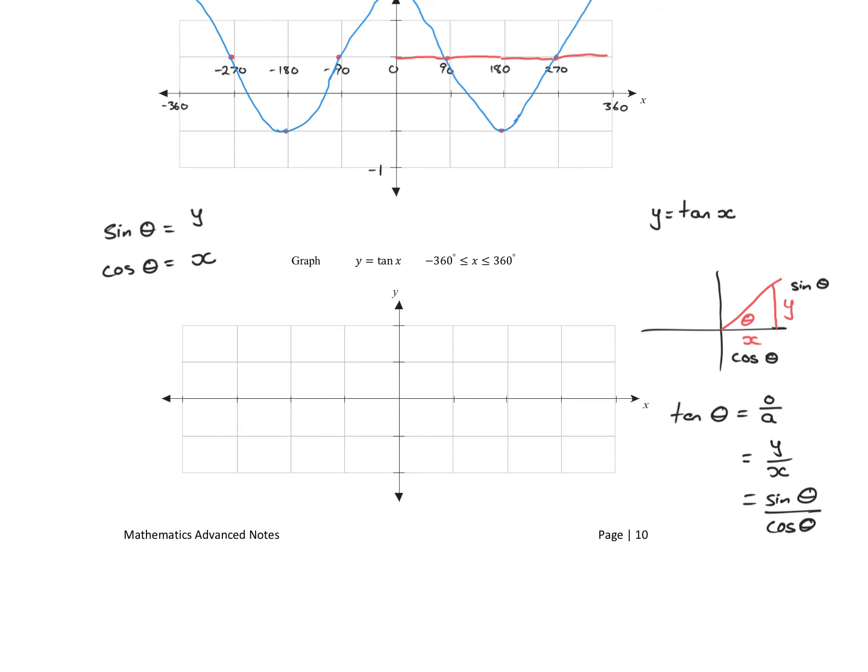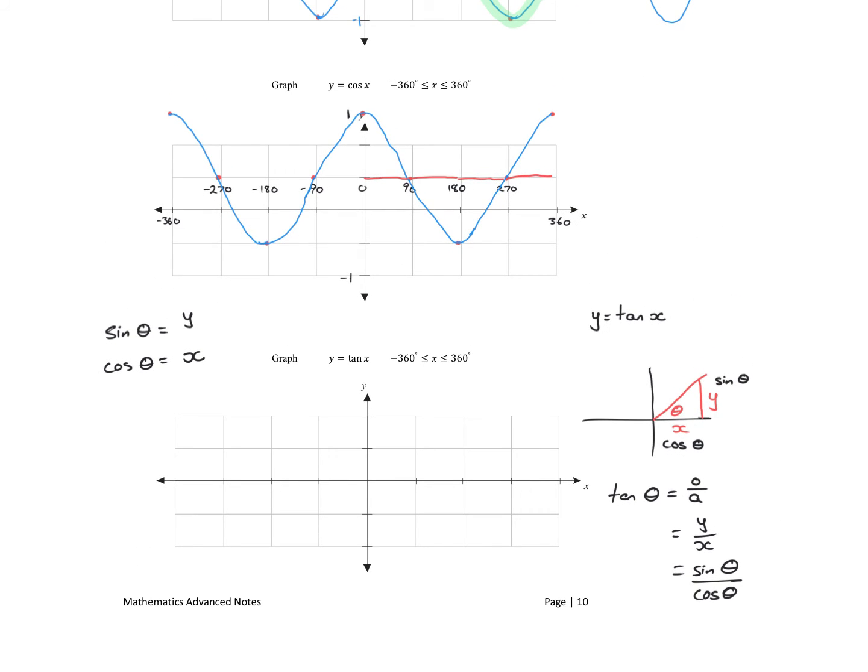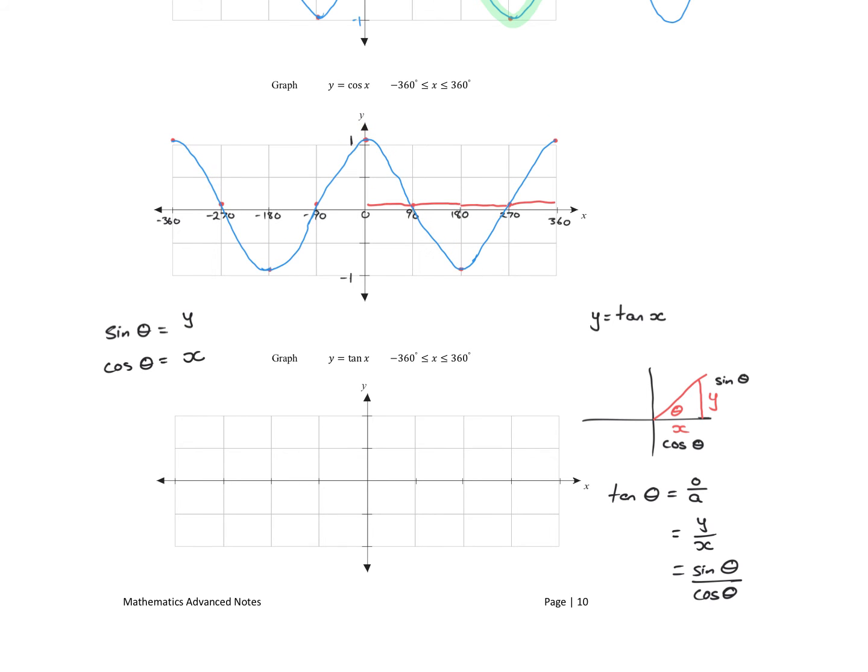Zero. So anywhere that cos theta is equal to 0, we're going to have an asymptote. Thinking about our cos graph above, I'm just going to do some highlighting.